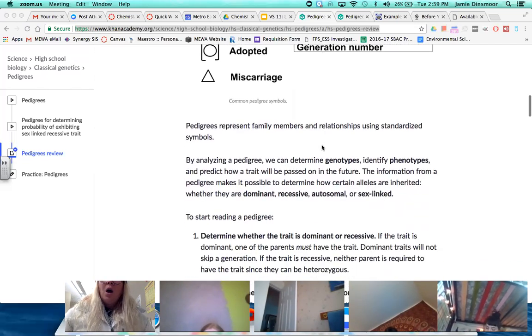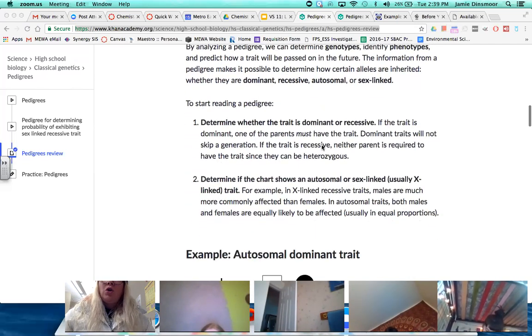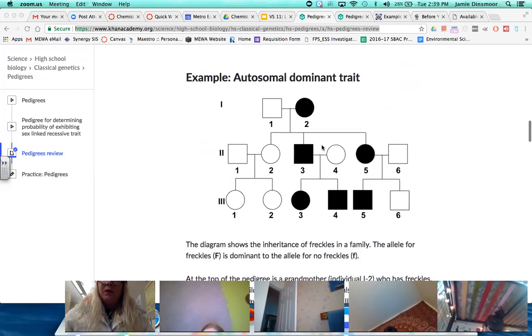Okay, so to read a pedigree, this is what one would look like in the wild. They usually number the people, and they number the generations. So we have our first generation, our second generation, our third generation.